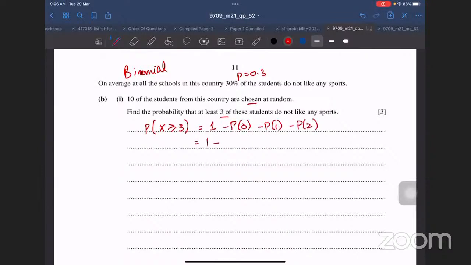So this becomes 1 minus 10C0, 0.7 to the power 10 minus 0, 0.3 to the power 0, 10C1. I'm going to do these calculations on my calculator, and I'm going to tell you the final answer because I have the ClassWiz calculator and that can help you calculate very quickly.